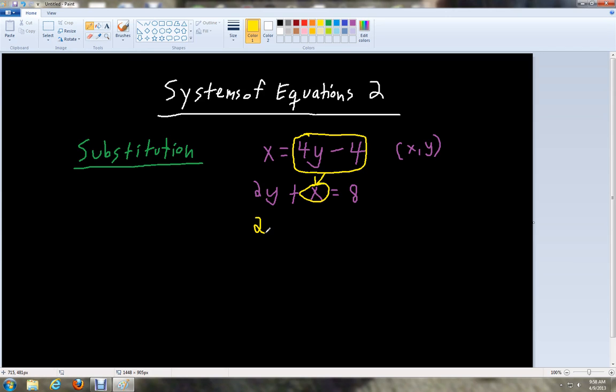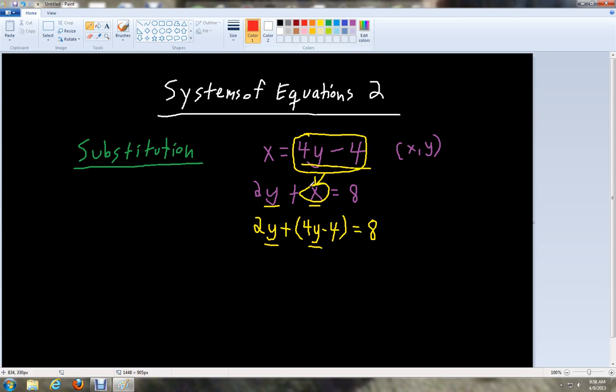So that'll be 2y plus, in parentheses, 4y minus 4, equals 8. Notice that we've reduced the equation. We had two variables, x and y, and now all we have left is one variable, y. This is a much easier equation to solve now that we only have one variable.